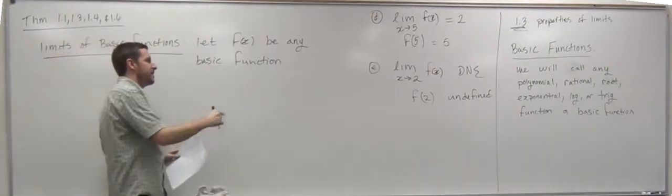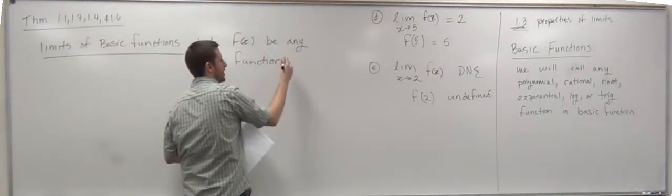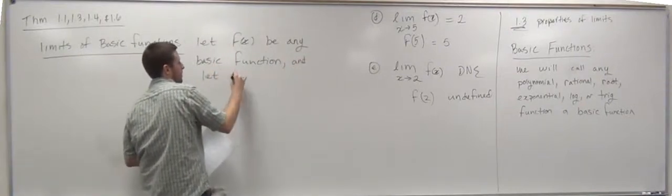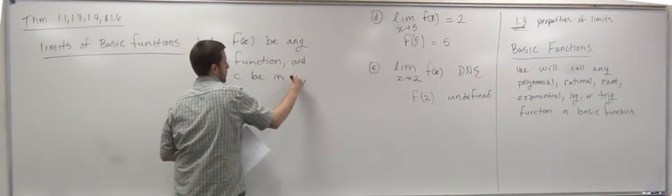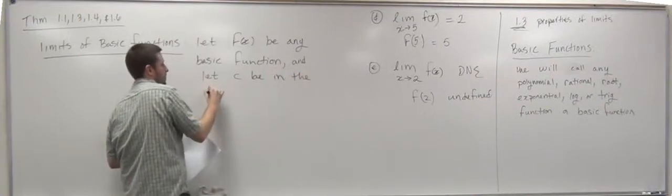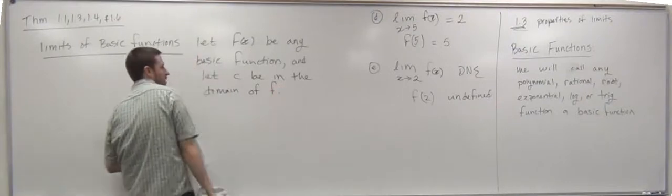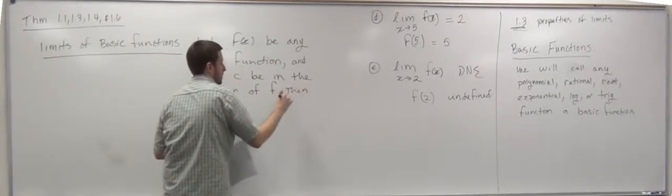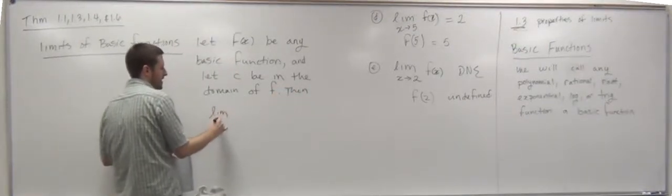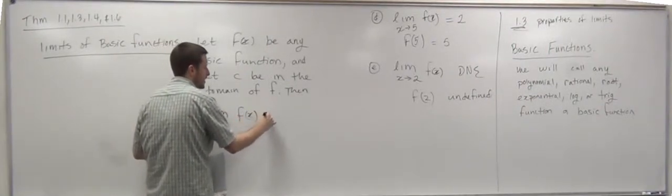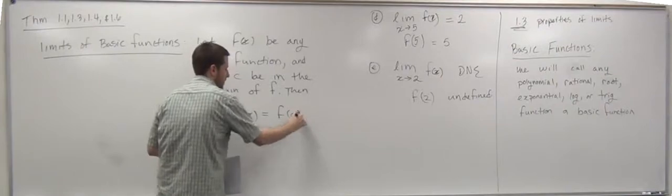And let c be any x value in the domain of f. Then the limit as x goes to c of your basic function is equal to f of c.